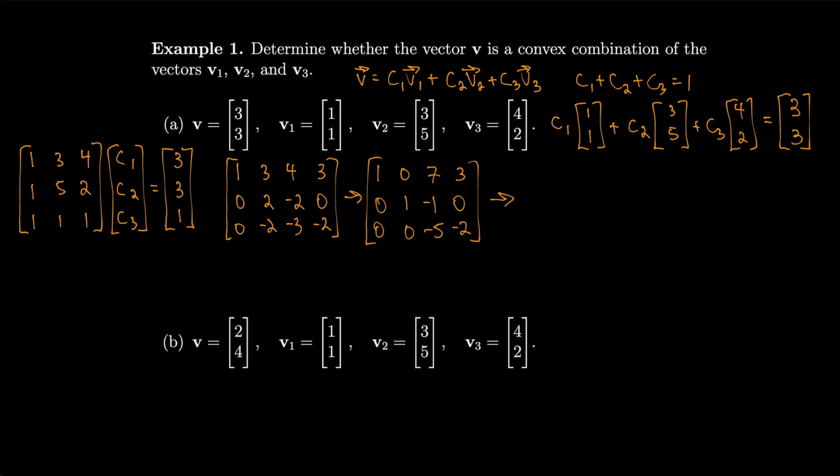Almost done. We just have to get this minus 5 to be a 1, so we'll divide by minus 5, and then add and subtract suitable multiples to get zeros above it. So we'll end up with 1, 0, 0, 1/5, 0, 1, 0, 2/5, 0, 0, 1, 2/5.